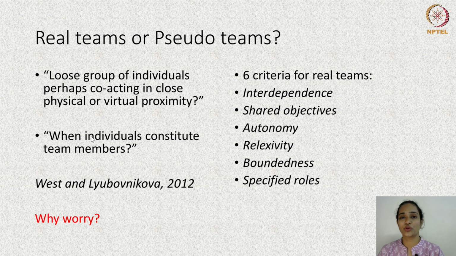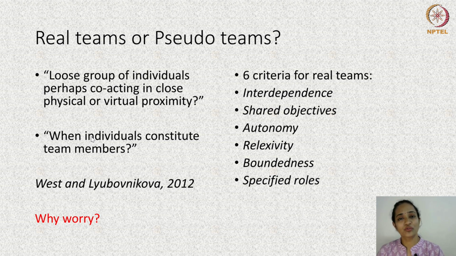Now, when you walk into an organization, you might see groups of people who are sharing the same space and are often sharing the same space for a long period of time. Can you call these people a team? That is, when do loose groups of individuals who are co-acting in close physical proximity become a team? When do individuals constitute a team?